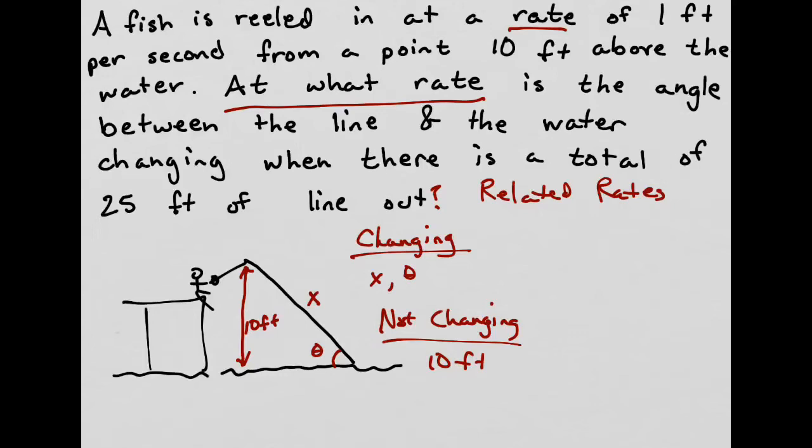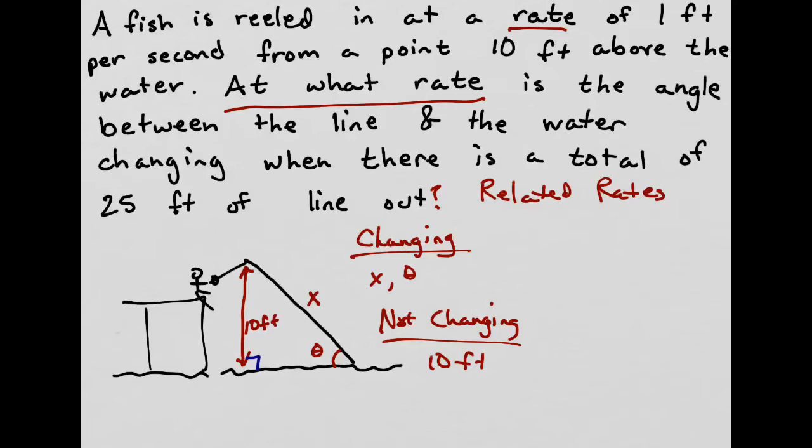And so our equation that we want to work with for right now has x and theta in a right triangle. We have this right triangle right here. For a right triangle, we usually have the Pythagorean theorem. We have similar triangles if you've got embedded triangles, but we also have trig functions.